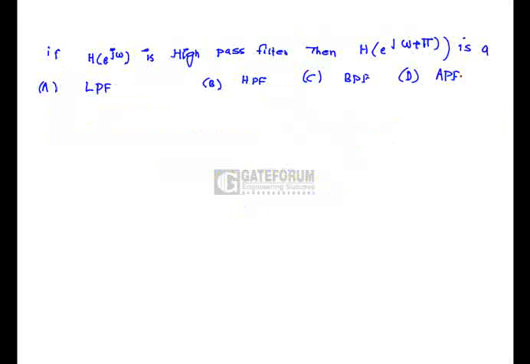If H of e power j omega is a high pass filter, then H of e power j of omega plus pi is a. Here if we draw this, minus pi to pi, this is the digital frequency, this is the high pass filter representation, this is the cutoff frequency minus omega c.